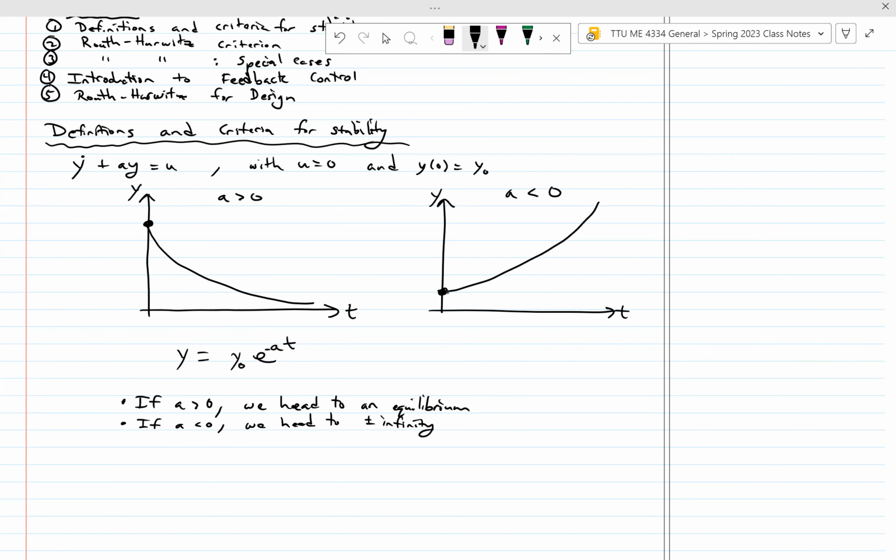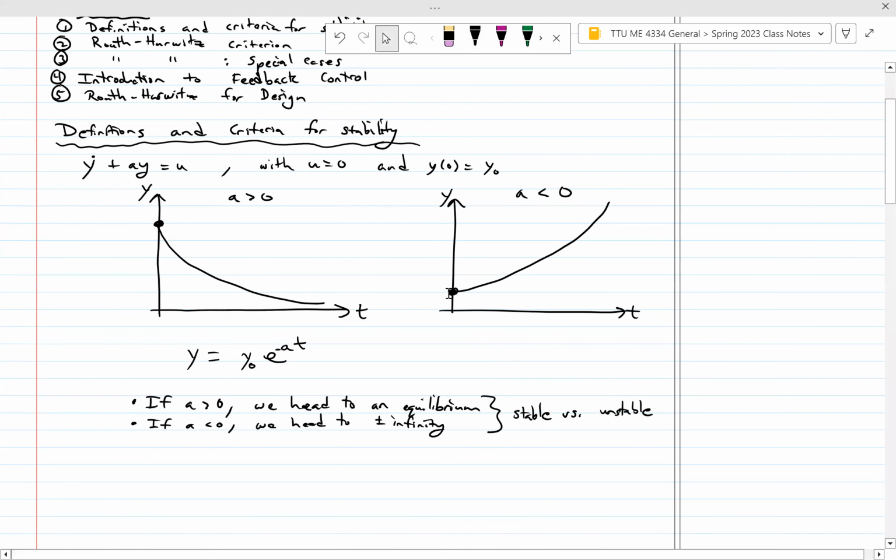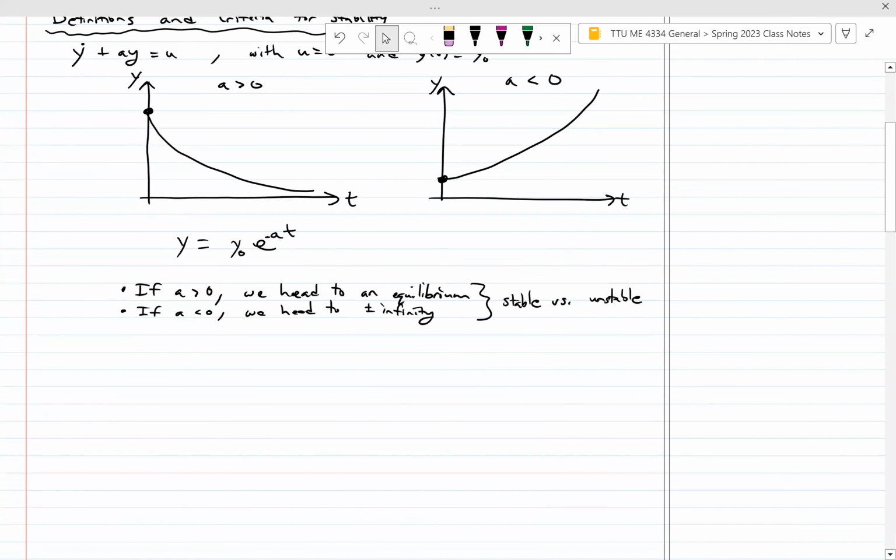This is essentially a very basic way of describing stable versus unstable systems. This is specifically for a first order system. So let's talk about stability in the context of linear time invariant systems of any order.